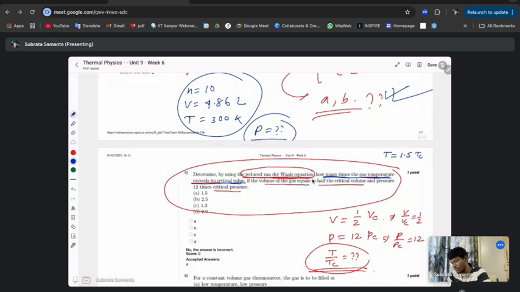So the option is 1.5, option A. Option A is correct. Up to this point is it clear? Okay, so far any questions?